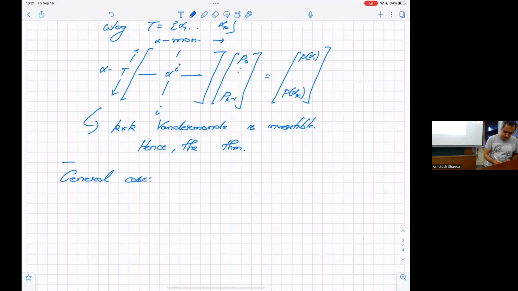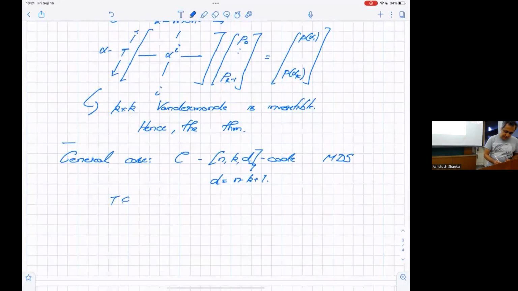Okay. So the code has parameters n, k, and it is MDS, which means that d is actually equal to n minus k plus 1.